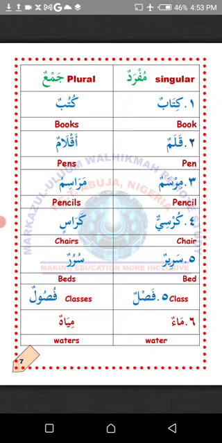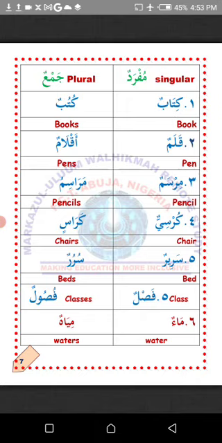Marasim, pencils. Number four, kursi, chair. Karasi, chairs. Number five, sarir, bed. Surur, beds.